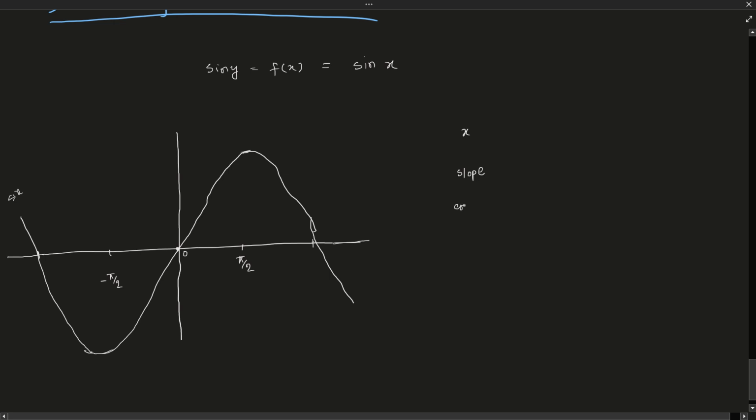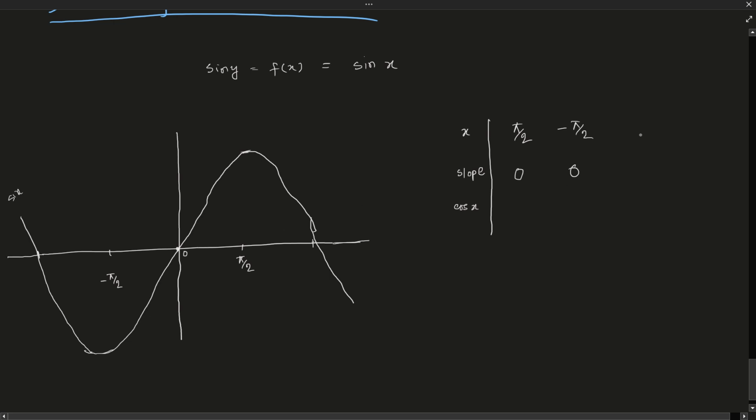আর এখানে হচ্ছে আমরা cos x টা কাউন্ট করব. So for pi by 2 our slope is 0. For minus pi by 2 the slope will be 0 as well.